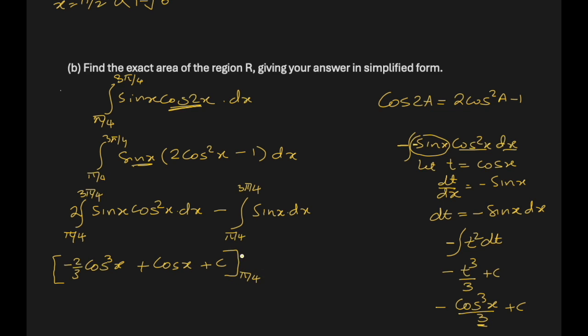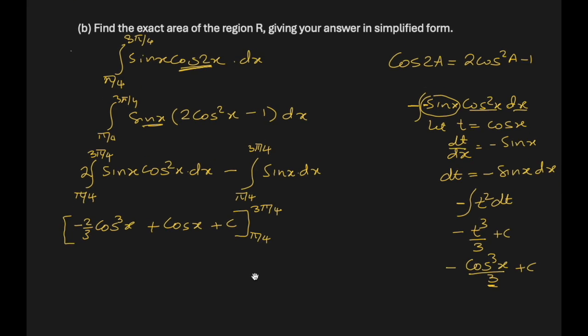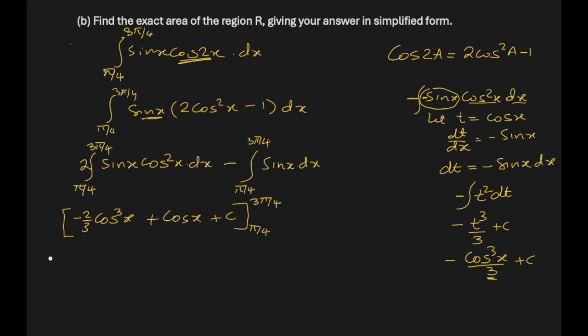So pi by 4 and 3 pi by 4. Let's substitute. Minus 2 over 3 cos cube 3 pi by 4, plus cos 3 pi by 4.